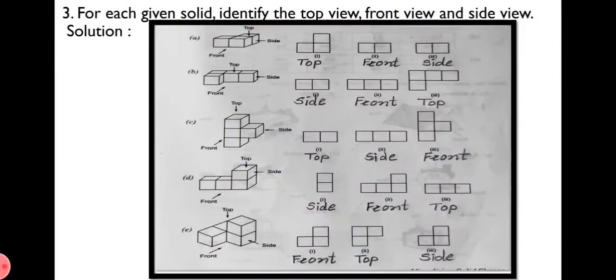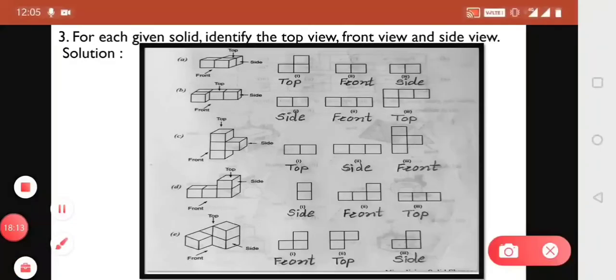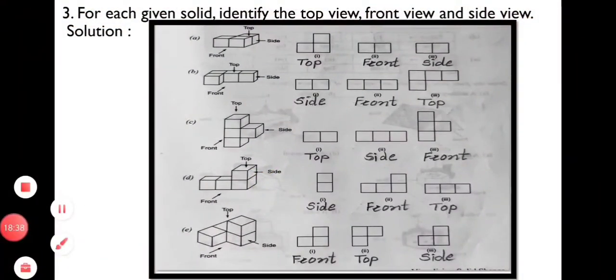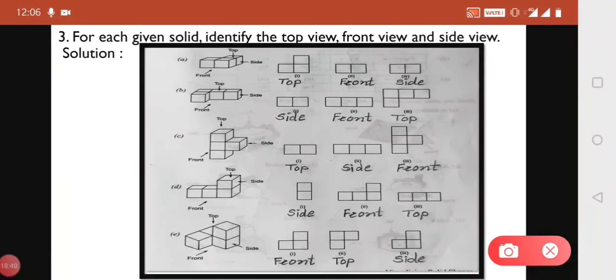Next question, 4 cubes again are used, but they are used in a different way. Again the first view is given with 2 square faces. When we look at the side, we see these 2 faces, so the first is the side view. Then we have 4 square faces.